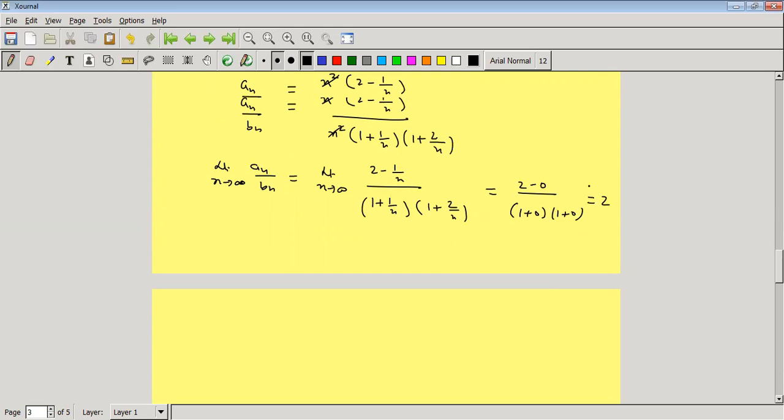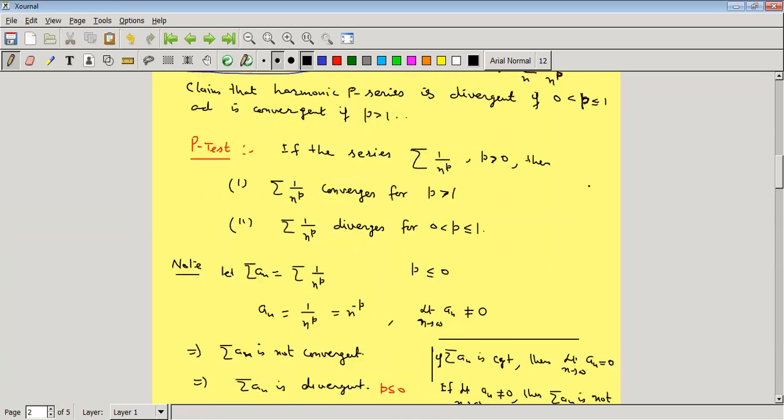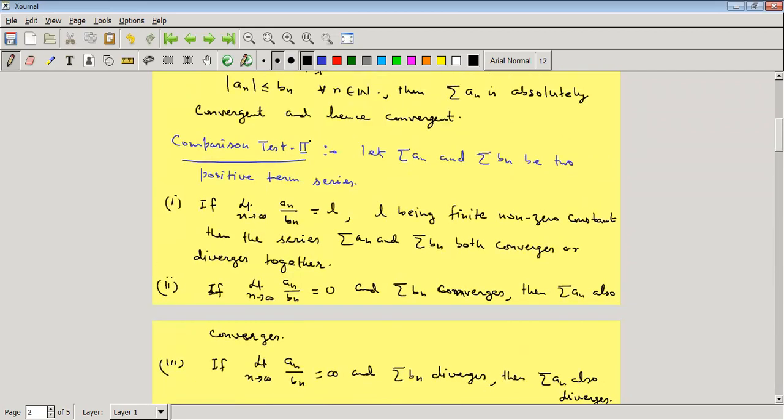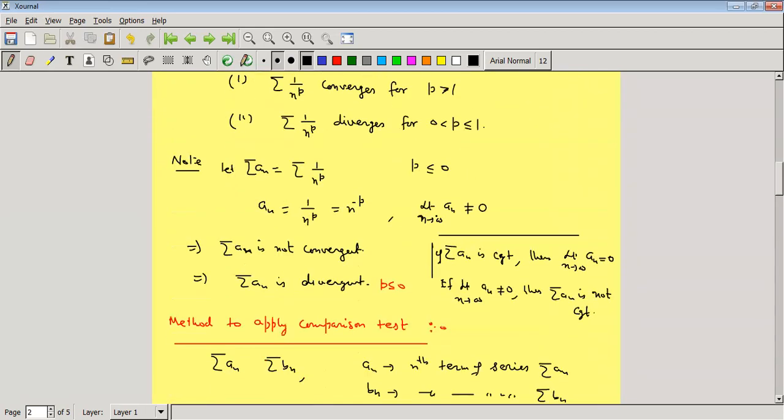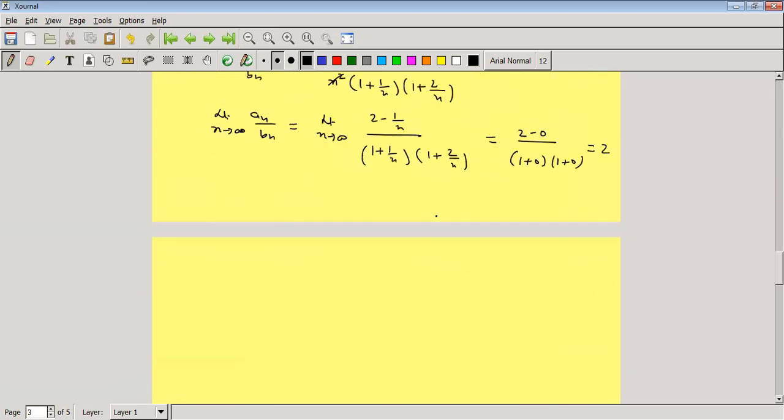Now when we revise comparison test 2, this is the first case. If limit n goes to infinity, An upon Bn is equal to L, where L is a non-zero finite number, or even a positive number because both terms are positive. So this is 2, which is a non-zero finite positive real number.